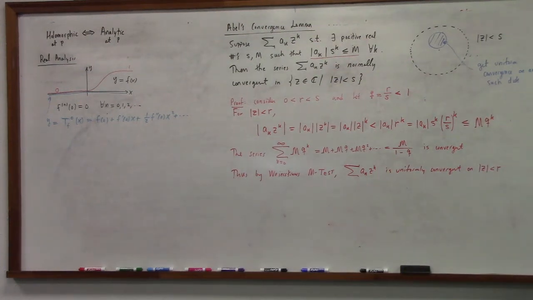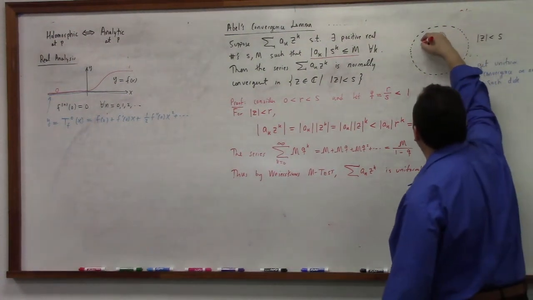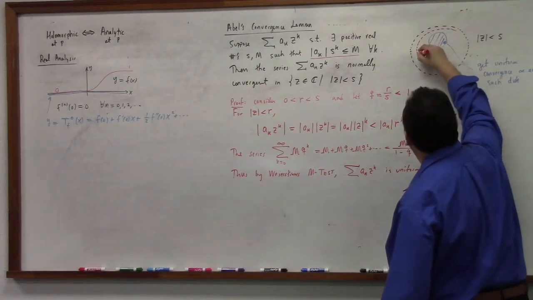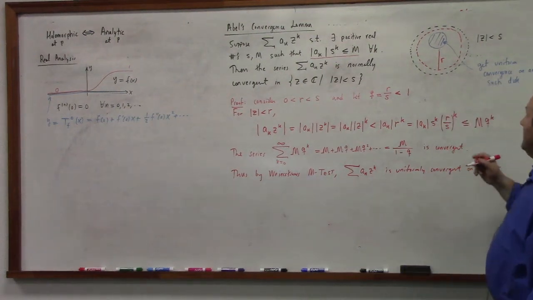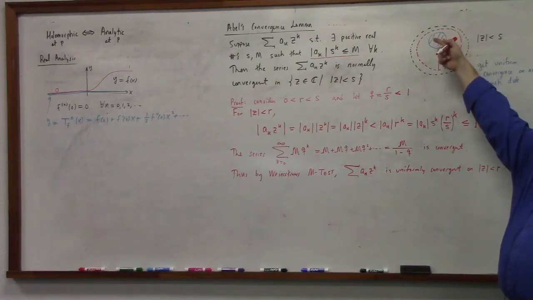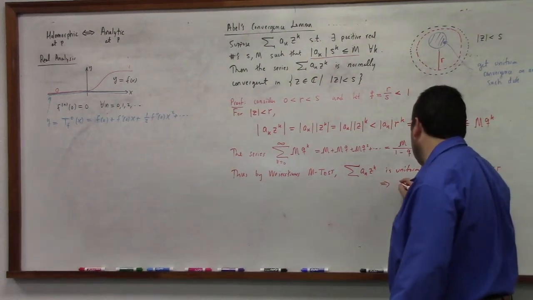But the thing is, r is arbitrary here. It's just an arbitrary number less than s. So you could definitely pick any closed disk you like in here. You can make r a little bit bigger, like this. We could make r like this in our picture. And then we'd have uniform convergence on this disk, which then implies that we have normal convergence, the series is normally convergent.